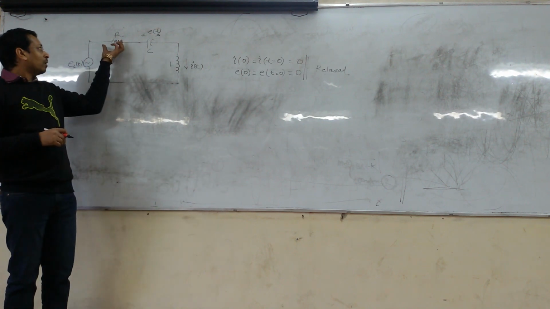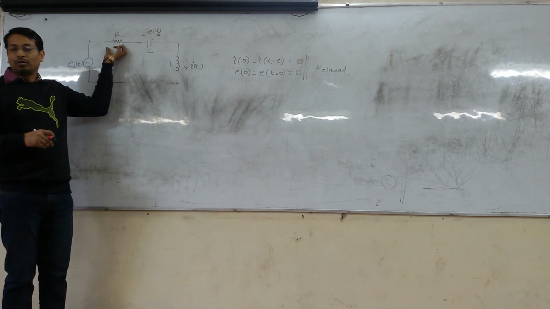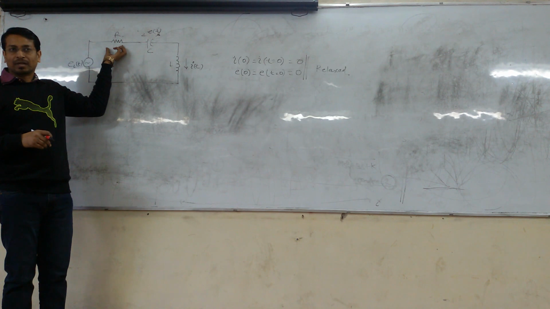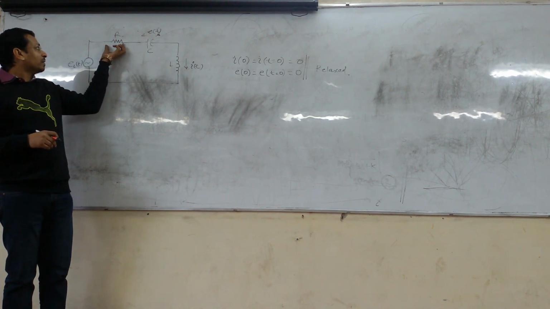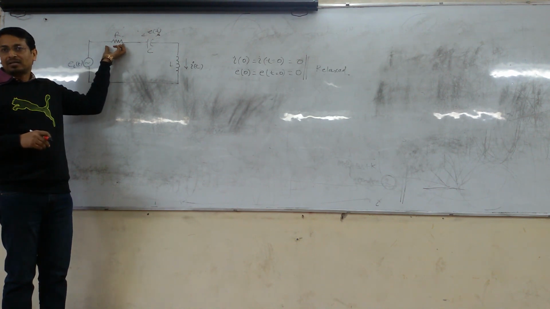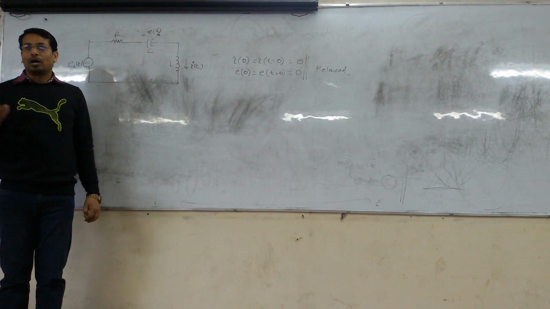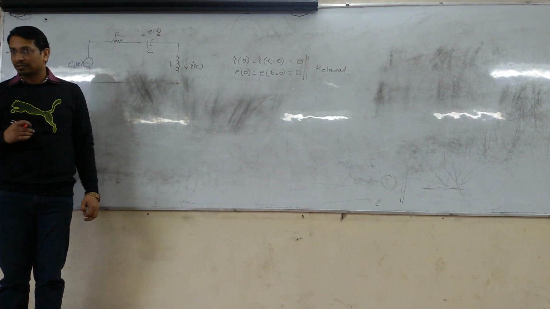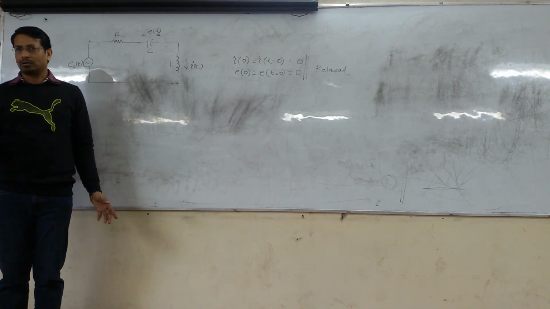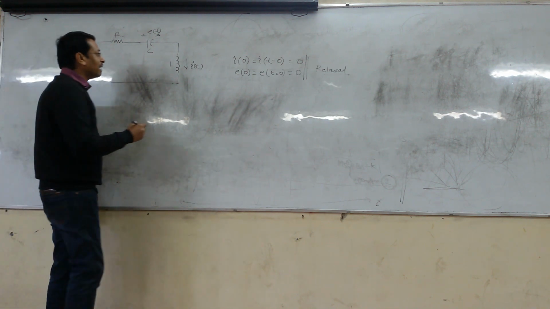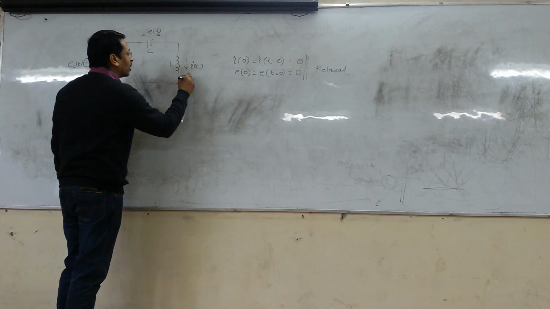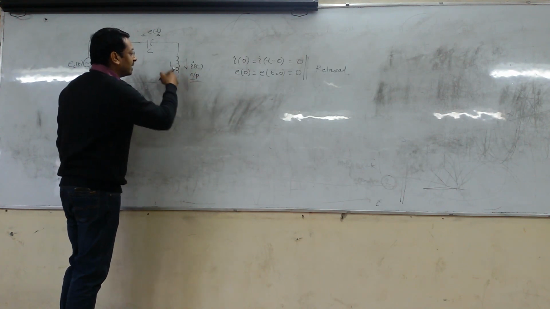Or if you apply your voltmeter across the resistor and are interested in the voltage across the resistor, then the output will be different. So how the output is defined, accordingly your transfer function will change. Correct? So I have defined that I am going to take the output from the inductor.